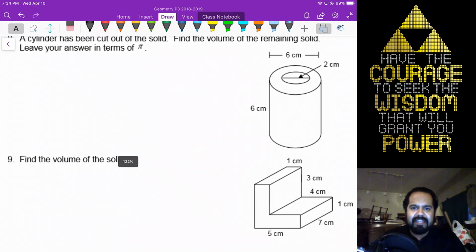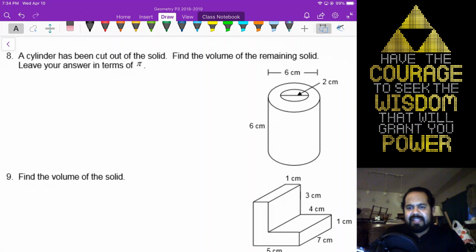All right. Number 8. We are taking one cylinder and cutting it out of another cylinder. So guess what that means? We're going to be subtracting 2 different volumes. I'm going to look at the volume of the big shape and subtract from it the volume of the little shape.